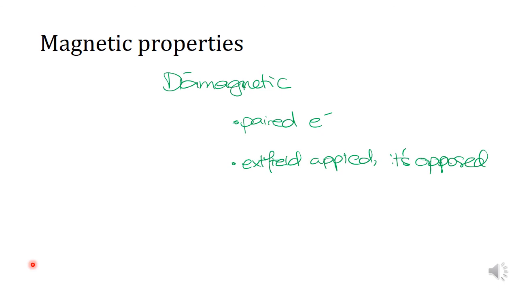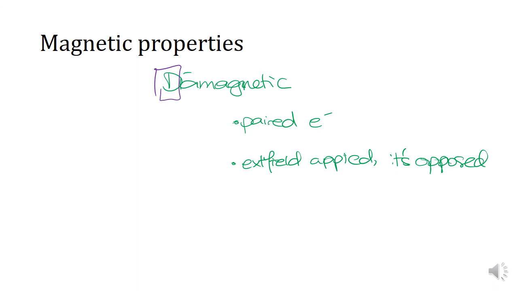So are those electrons independently creating a magnetic field in the case of ferromagnetic? Do they strengthen a magnetic field when exposed to it, which is our paramagnetic, or do they oppose it? So the way I remember it, ferromagnetic is what iron magnets do. Paramagnetic, I think of parallel.